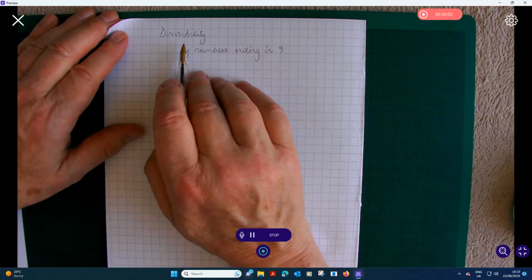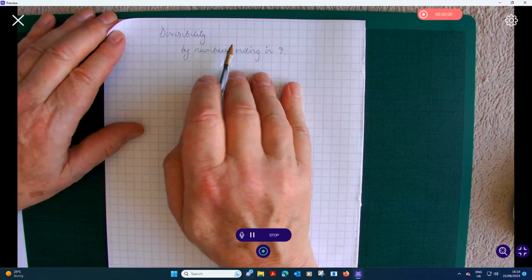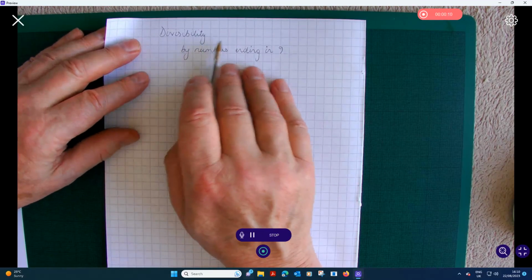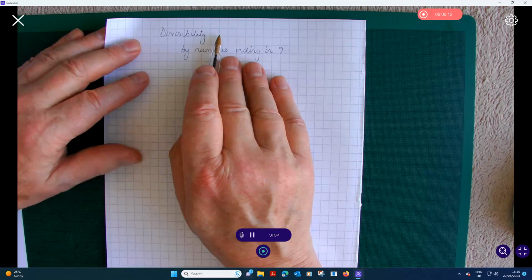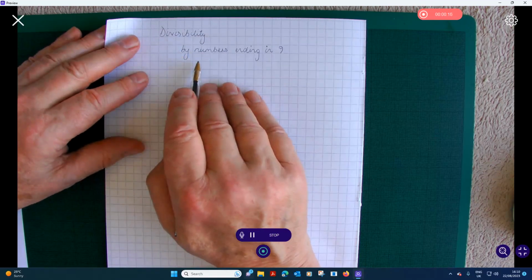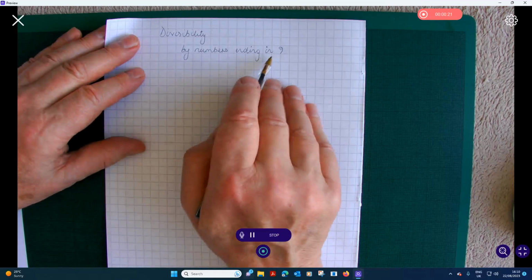In the previous video, we looked at prime numbers which ended in 1 and made divisibility tests for them, and also for numbers like 7, which could be multiplied up to give you a product which ended in 1.